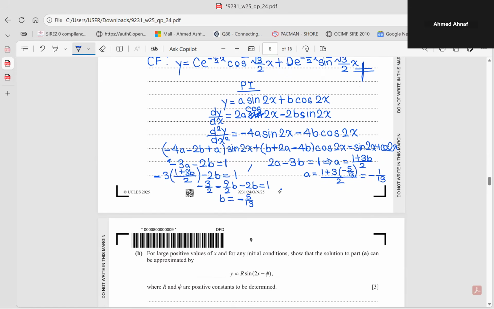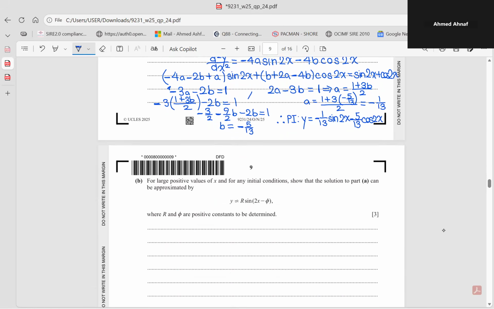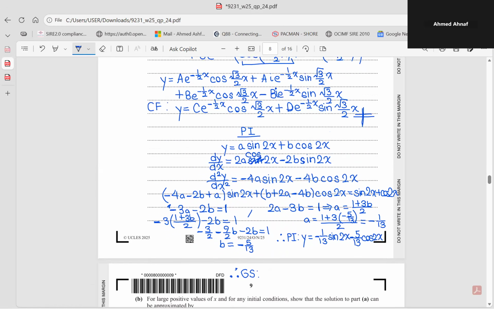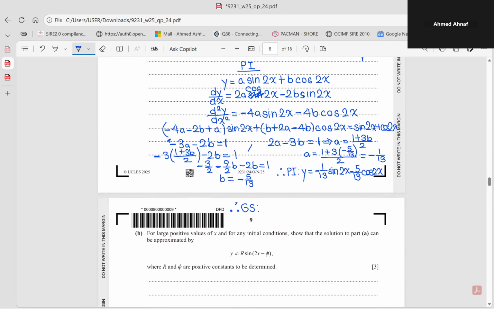So therefore our particular integral is y equals negative 1 over 13 sine 2x minus 5 over 13 cosine 2x. And therefore, I'm just going to write the general solution here. The general solution is just the particular integral plus the complementary function.